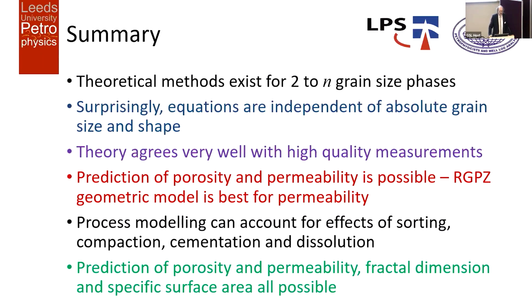The theory agrees very well with the measurements that we've made. We've tried to make the measurements as high quality as possible, and the prediction of porosity and permeability is possible if you use the RGPZ equation with a mean grain size given by a geometric average, a geometric mean.